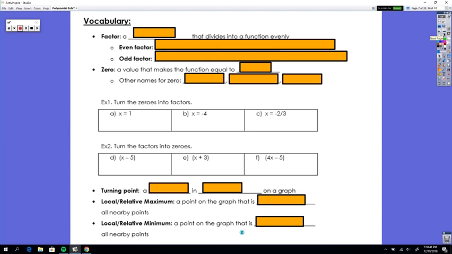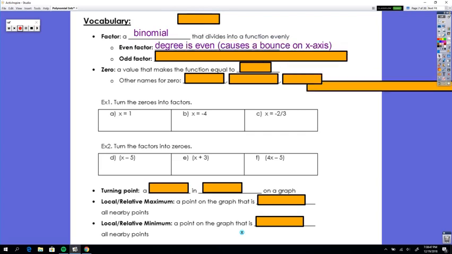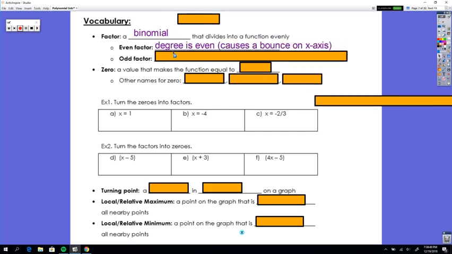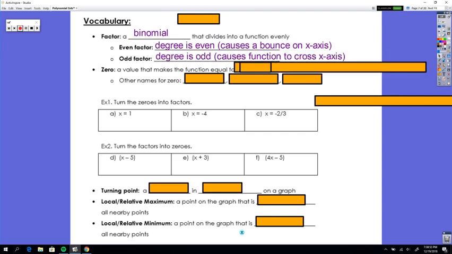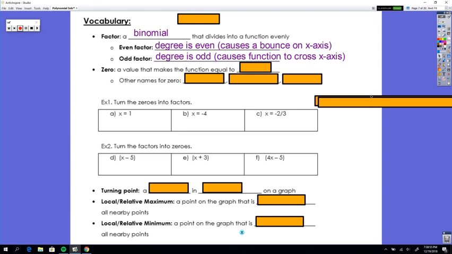Some basic vocabulary for a cubic function. Factor: a binomial that divides into a function evenly. An even factor is when the degree is even, it causes a bounce on the x-axis. An odd factor is when the degree is odd and causes a function to cross the x-axis. Let's think about this for a second.